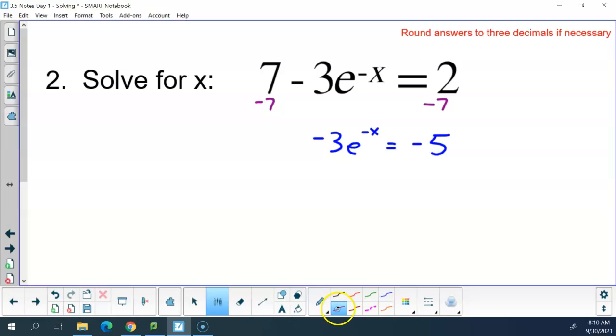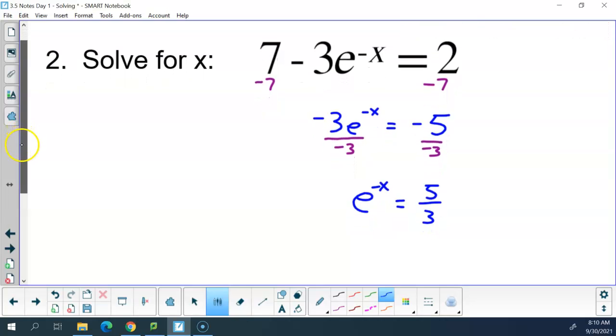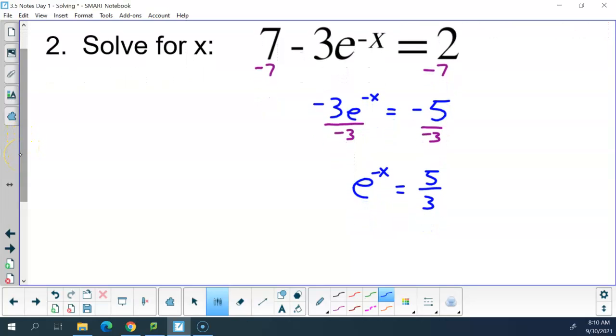Love it. Now what? Now we've got it trickier, right? Because what should we do? Switch forms now, right?